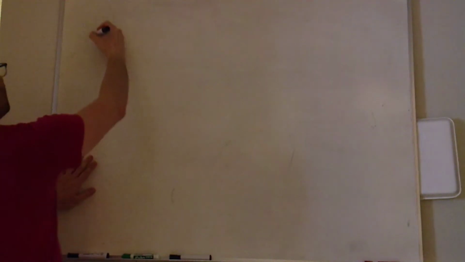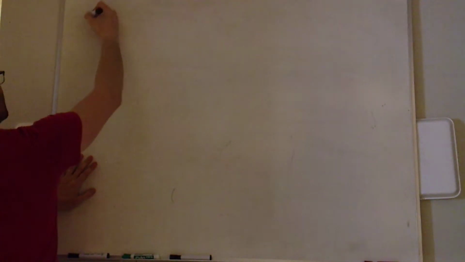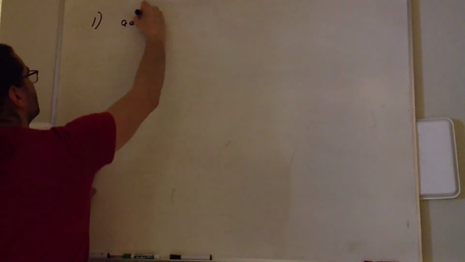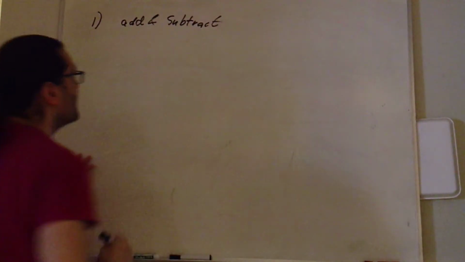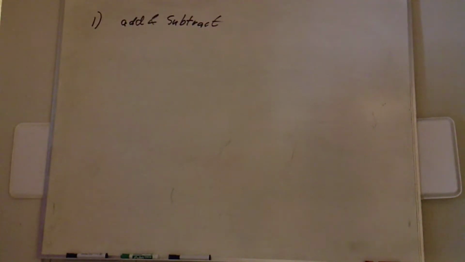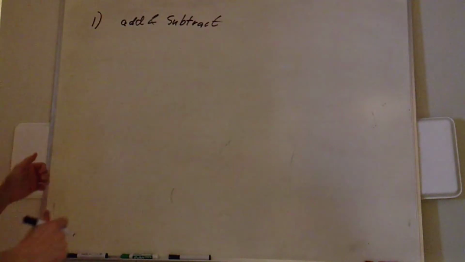The first thing we're going to do with complex numbers is add and subtract them. Adding and subtracting numbers works pretty much exactly like you would expect it to.